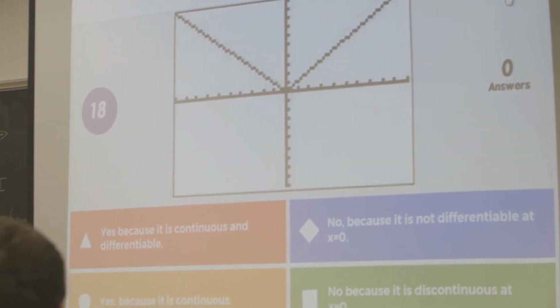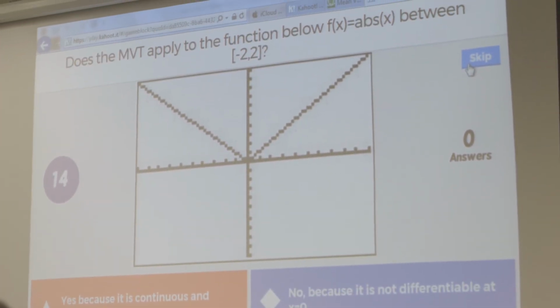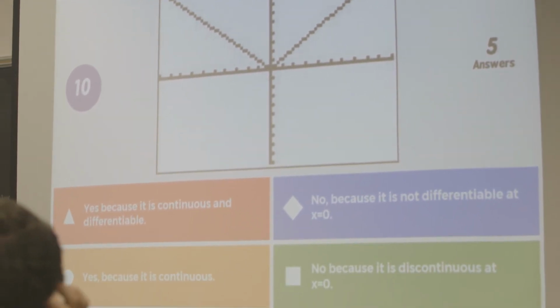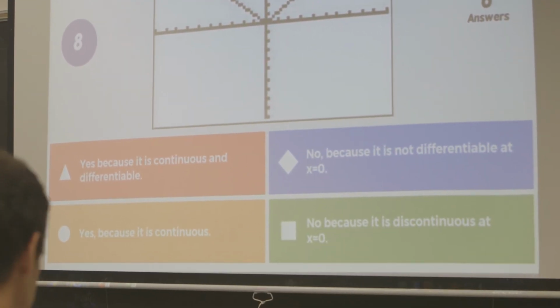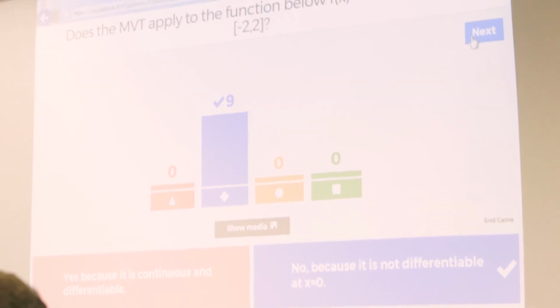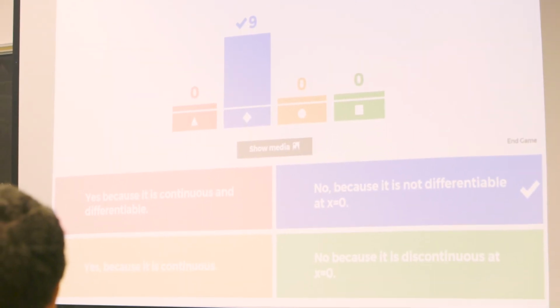Okay, so there's a particular function, and it's asking whether the mean value theorem applies between -2 and 2. Great, everyone got that right. No, it doesn't apply because it's not differentiable at 0.